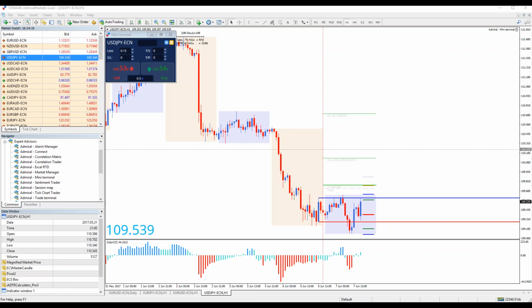Eddie, please, what would you advise for the UK election? Would you advise opening a small 1.0 lot on pending orders? Yes, Eddie, you can use 0.1 lot on pending orders on Euro GBP, but have in mind that it will be volatile. If you want to use setups, you can read my blog. It's actually on the Other Markets website. I have posted it a couple of days ago.